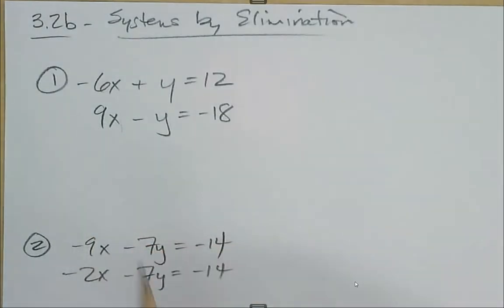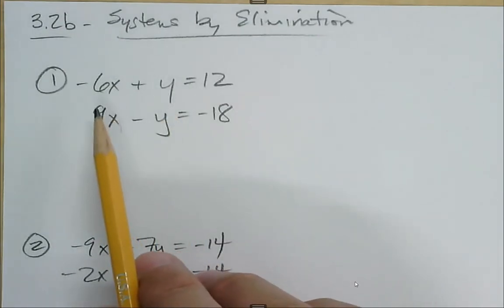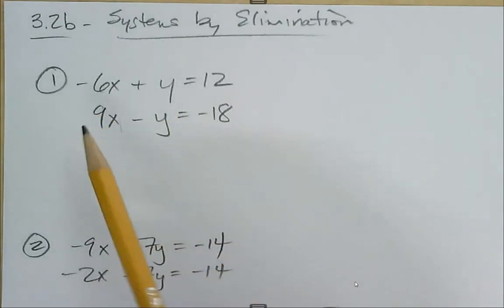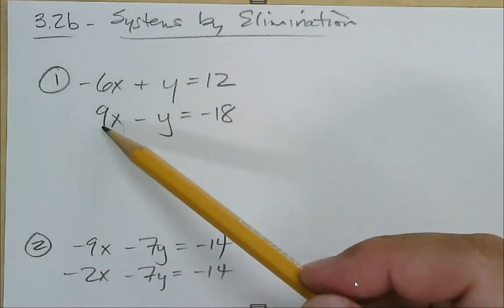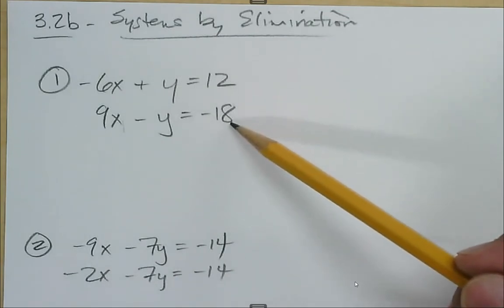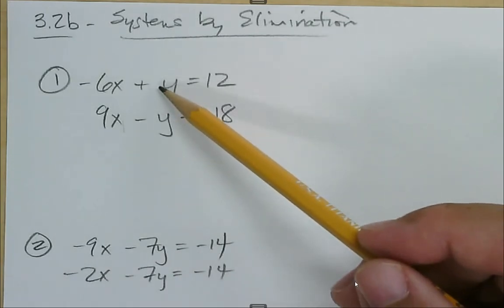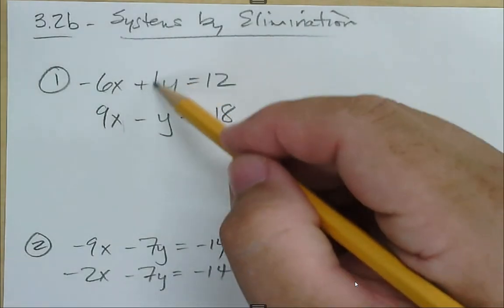And so if we look at this, what you're really looking for is common coefficients. So if you notice here, my coefficients of the x values are -6 and 9. The constants out here don't really matter. They're 12 and -18. But what I want you to notice here is the coefficients on the y's. Both of those coefficients are actually a 1.